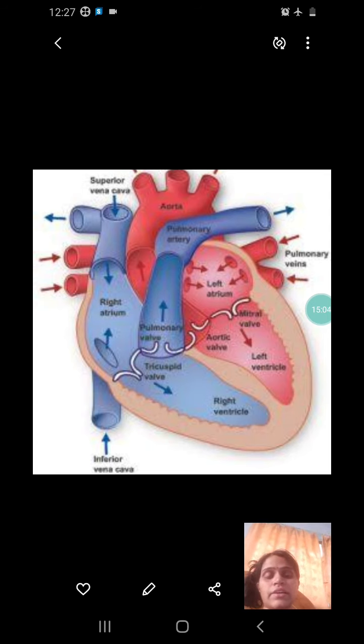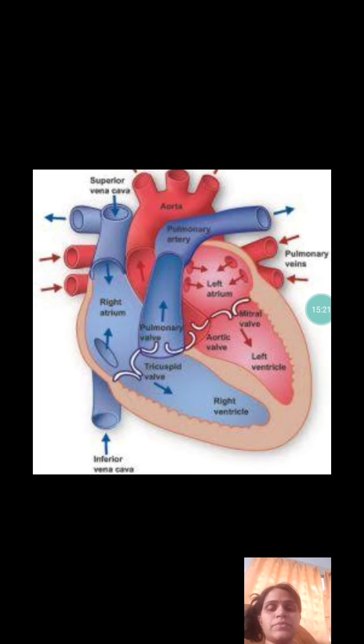Okay students, here the protective layer of the heart is called pericardium. I have already explained the structure of the human heart and the circulation of blood. One of the most important things, students, is that the heart is also an organ, right?